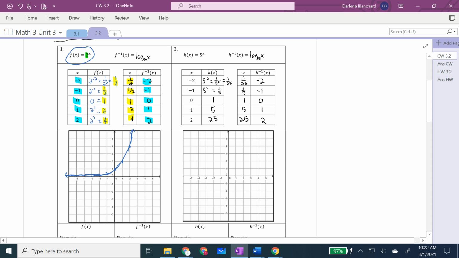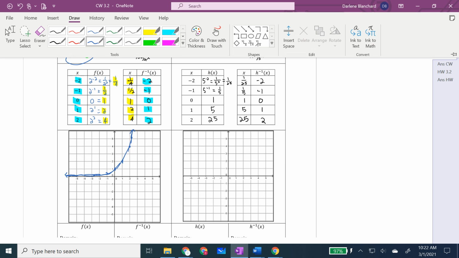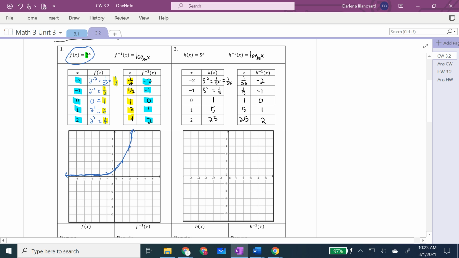And the next thing we're going to do is plot points on the log table. And so I'm going to change my color to red as I do everything for the log function. I'm going to plot the point x is 1/4, f inverse is -2. 1/4, -2, about there.